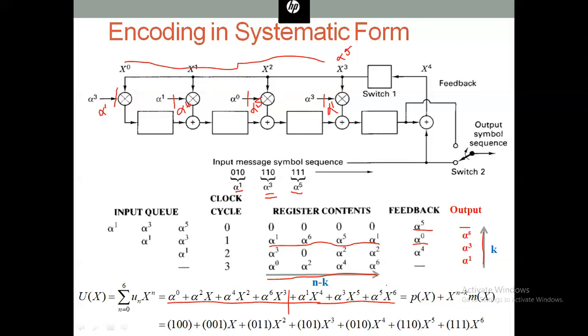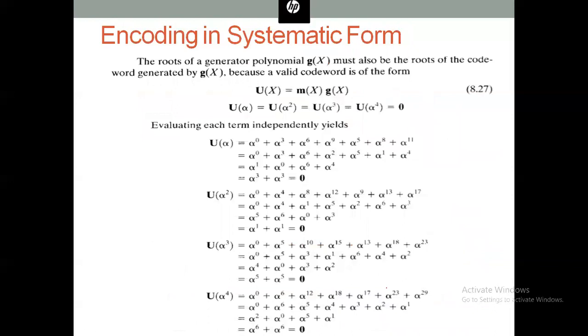So this is the hardware architecture, and now we learn about the error correction of this encoded systematic code word. So for the first rule, we know that this generator polynomial has four roots: alpha, alpha square, alpha 3, and alpha 4.